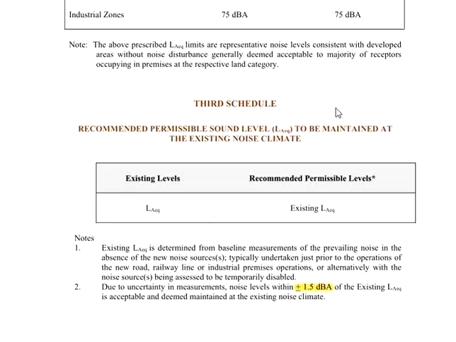That's why the third schedule shall be referred. Having it 65 decibel A, the allowable limit cannot be greater than 66.5 decibel A. That additional 1.5 decibel A is the tolerance for the uncertainties in the measurements.